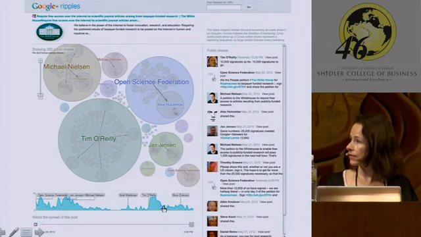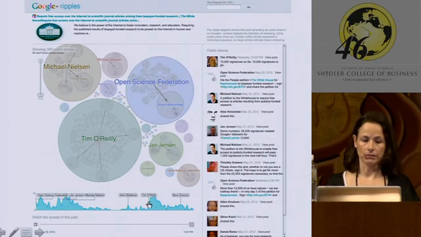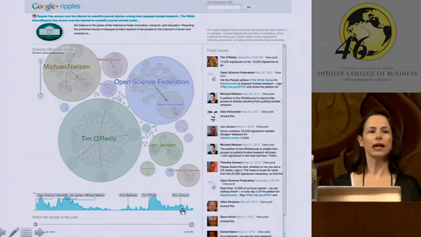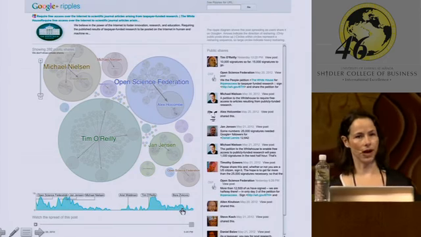You can see that it starts strong, it has a couple of bursts, and it dies out. Then we get Tim O'Reilly, usual suspect, right? And then boom, it spikes again, and then it goes on. So that to me looks like a much more interesting sharing graph.